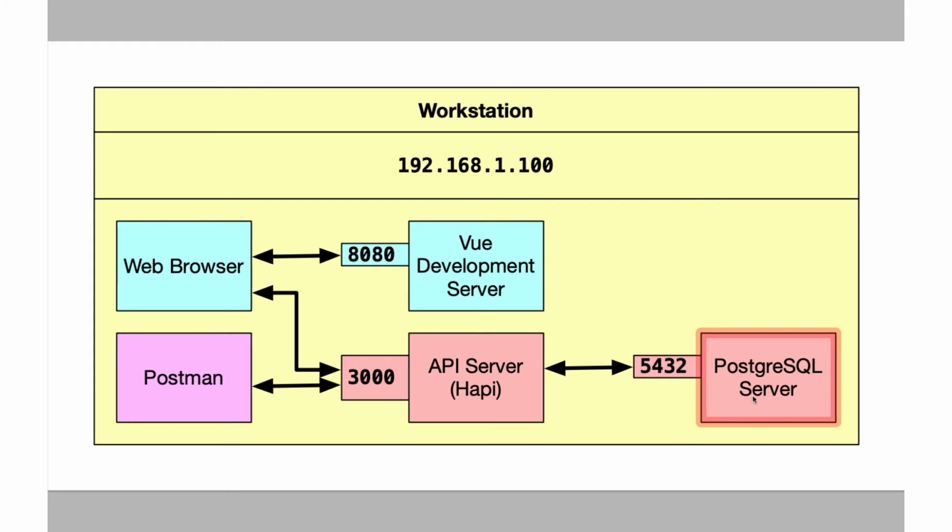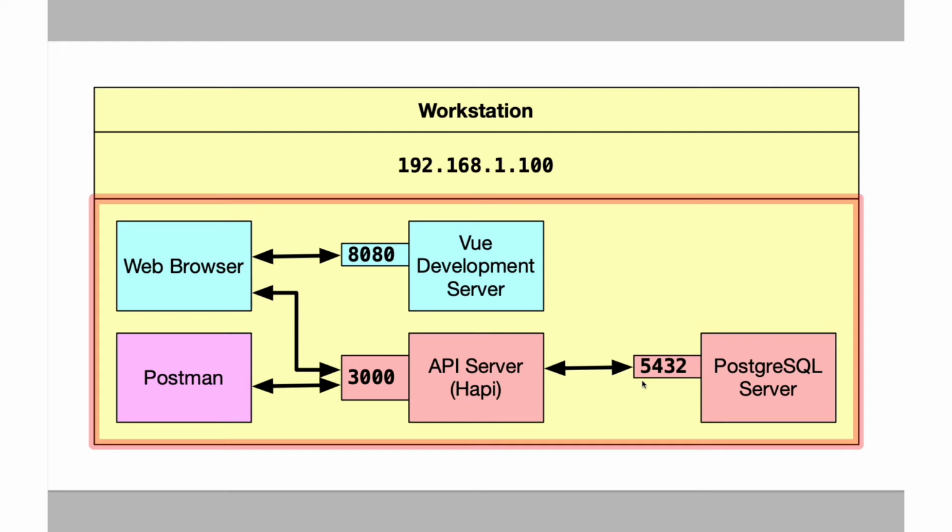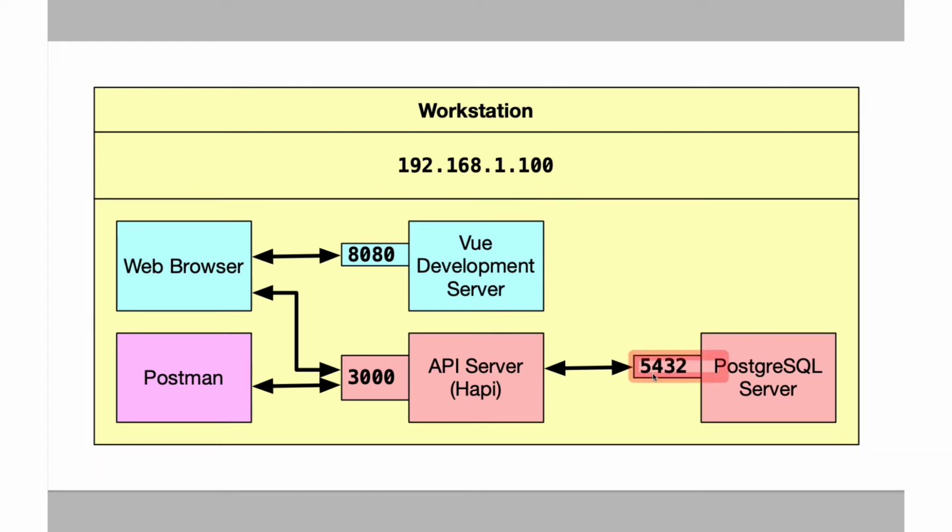Many of you are accessing it over the Faraday server hosted in the department. And it runs a Postgres process that's listening on port 5432, which is the default port for Postgres. And that's connected to, from the API server, from Happy. It opens up a connection to the Postgres server so that when a request comes in on its port 3000, it knows how to route that request to the database.